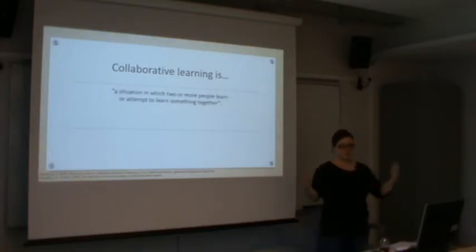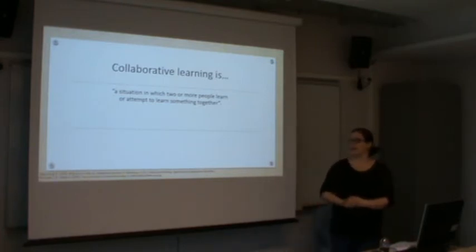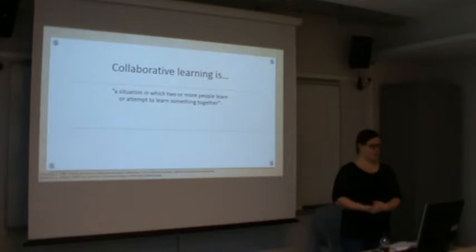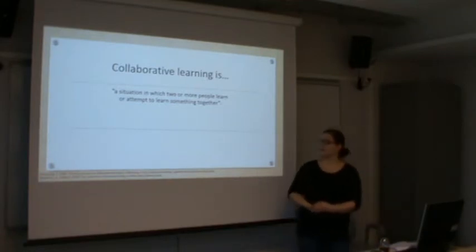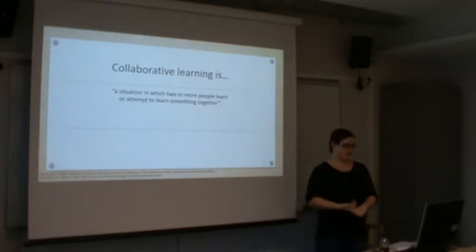I think the loosest definition is this one by Dillenbourg: a situation in which two or more people learn or attempt to learn something together. So this doesn't really say that much, but there has to be more than one person for learning to be collaborative, and they are learning or attempting to learn something together.